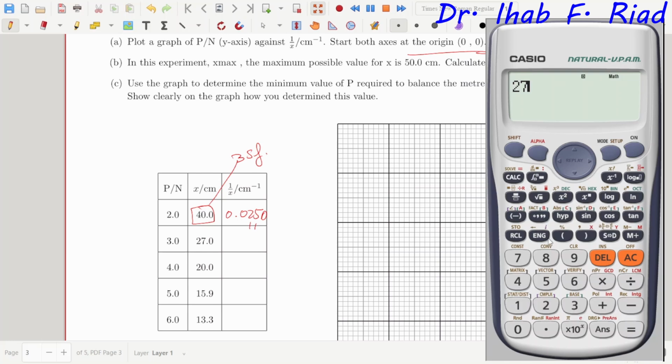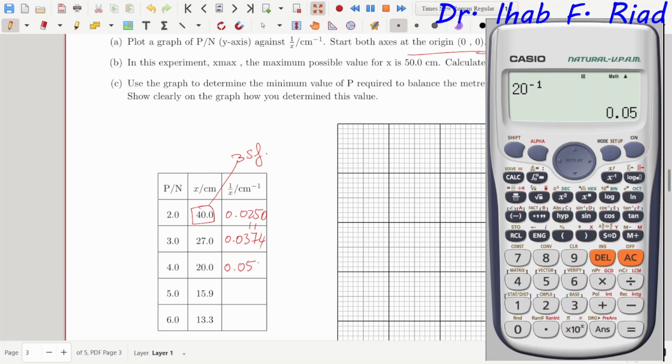Next is 0.0370, then 1 over 20, which is 0.05, and we need to give it 3 significant figures.